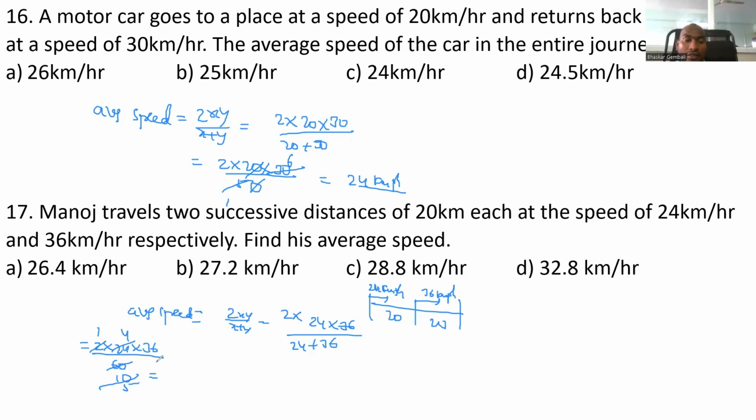So we are getting 4 into 36, 144 by 5, which is 28.8 kilometers per hour. The answer is 28.8, which is very easy.